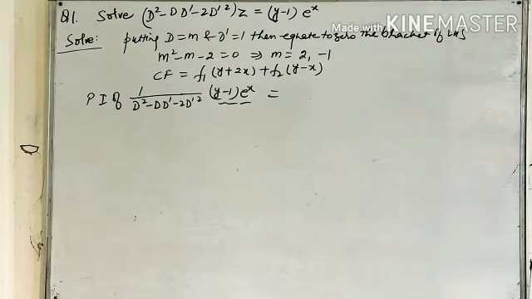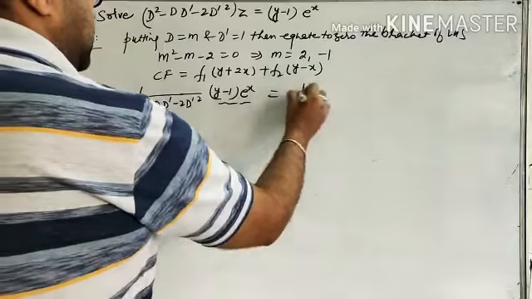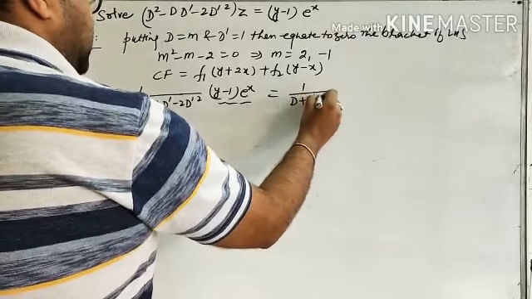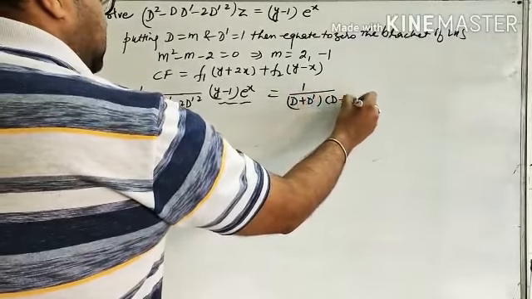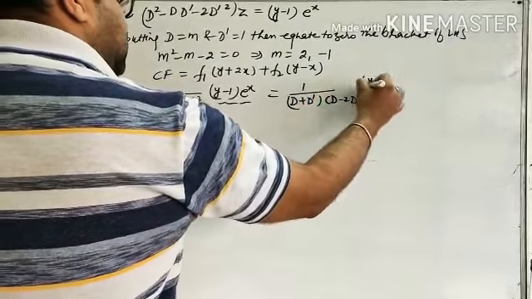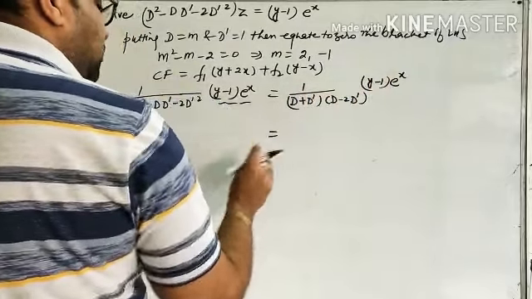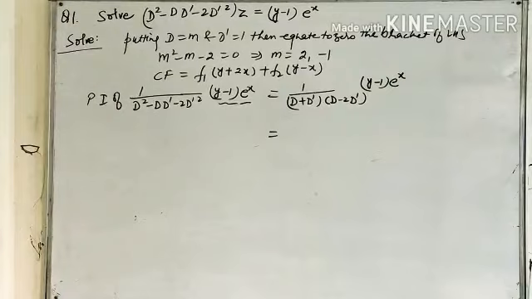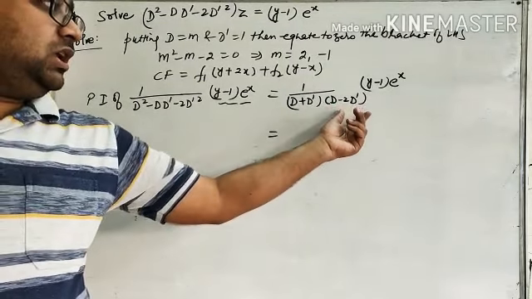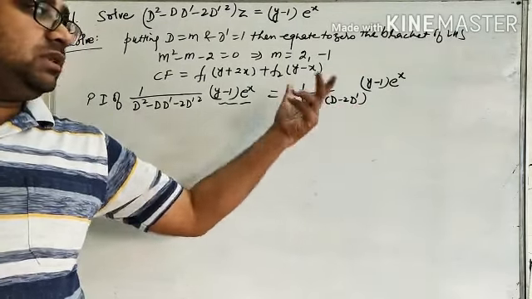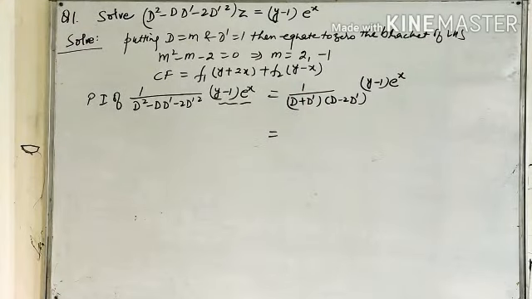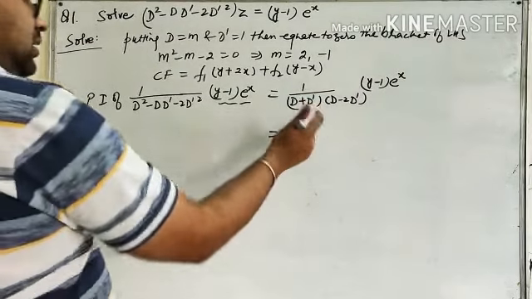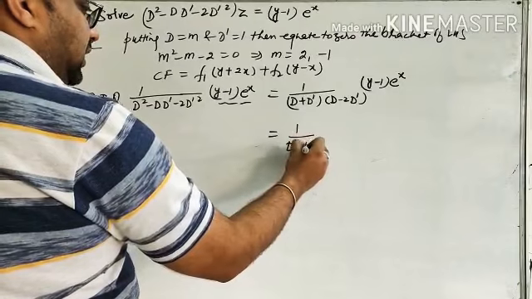This is a quadratic equation and the factors are (D plus D') and (D minus 2D'). That is, 1 upon (D plus D')(D minus 2D') (y minus 1) e raised to power x. Now we have to retain either D plus D' or D minus 2D' and solve the other term. So we retain 1 upon D plus D' as it is.